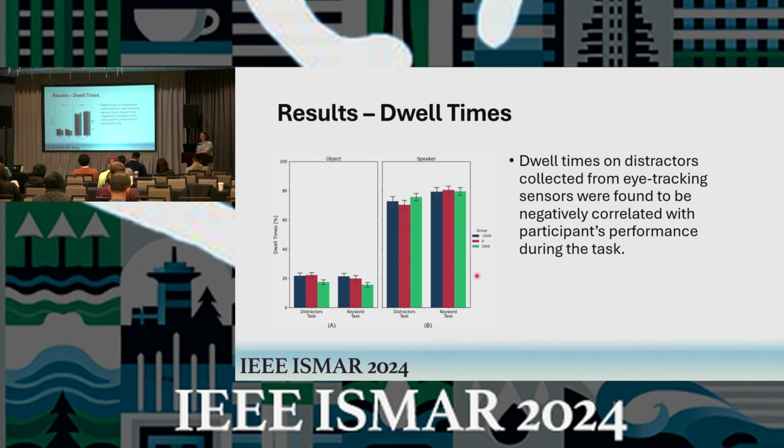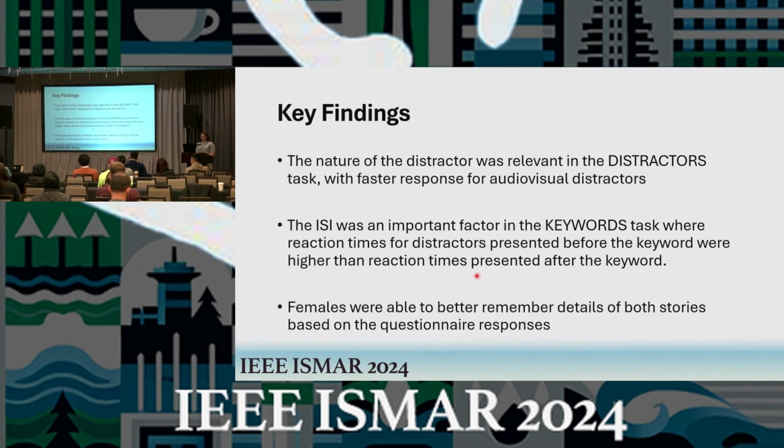In terms of the key findings, we can see that the nature of the distractor was only relevant in the distractors task, because in this task we were talking more about differences in perception of those two elements. So I had audiovisual distractors with a faster response than auditory distractors.